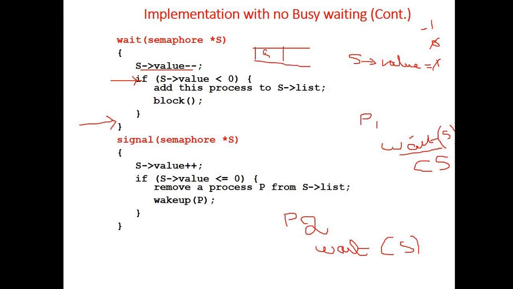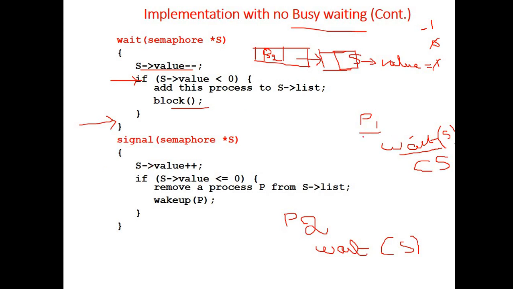Likewise, if any other process comes, that process is also added into the waiting queue, and those processes will be made blocked. That means they will be in the blocked state. In that way, the busy waiting is avoided here.